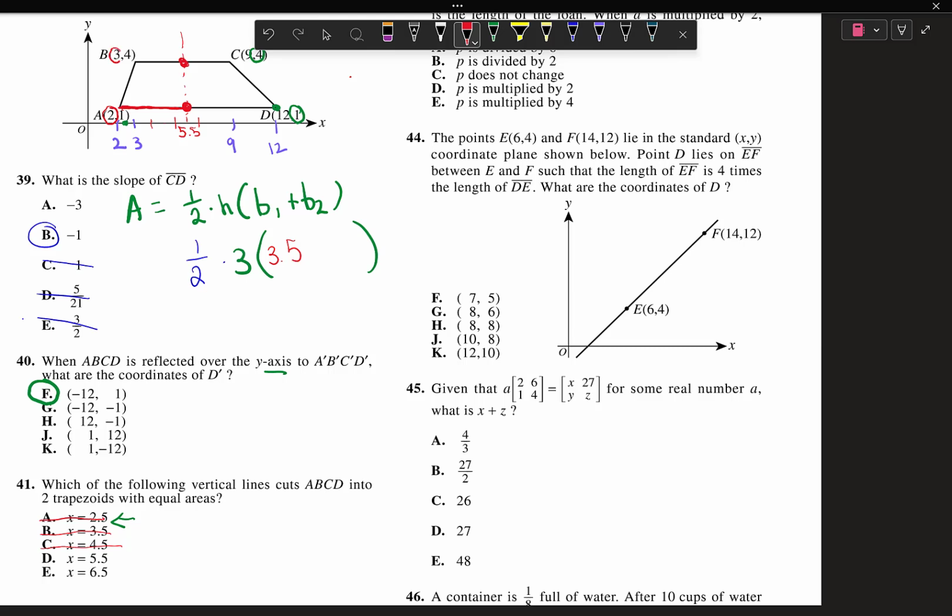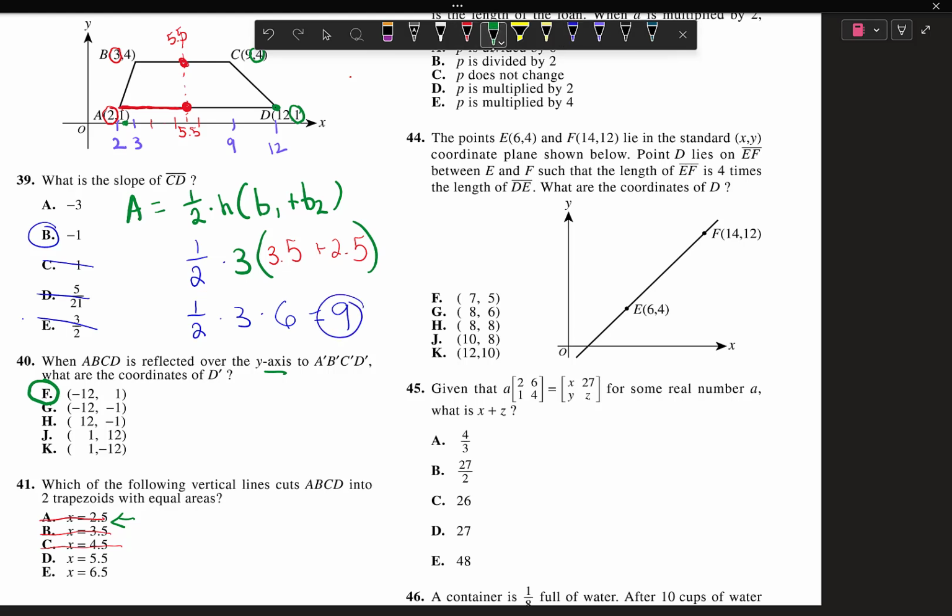Up here, the x-coordinate is 3. This x-coordinate is 5.5. That distance is 2.5. We're going to calculate the area. So that's 1/2 times 3 times 6, and that's equal to 9.